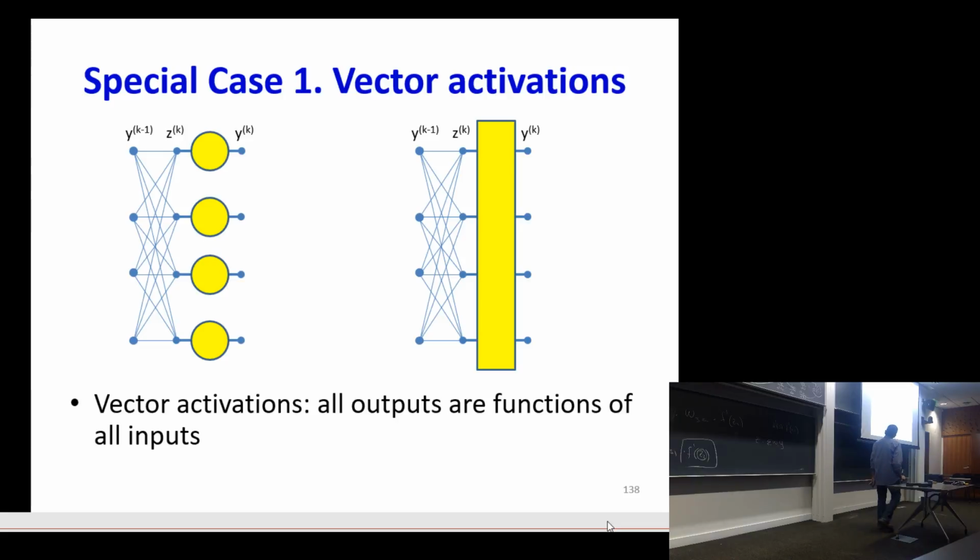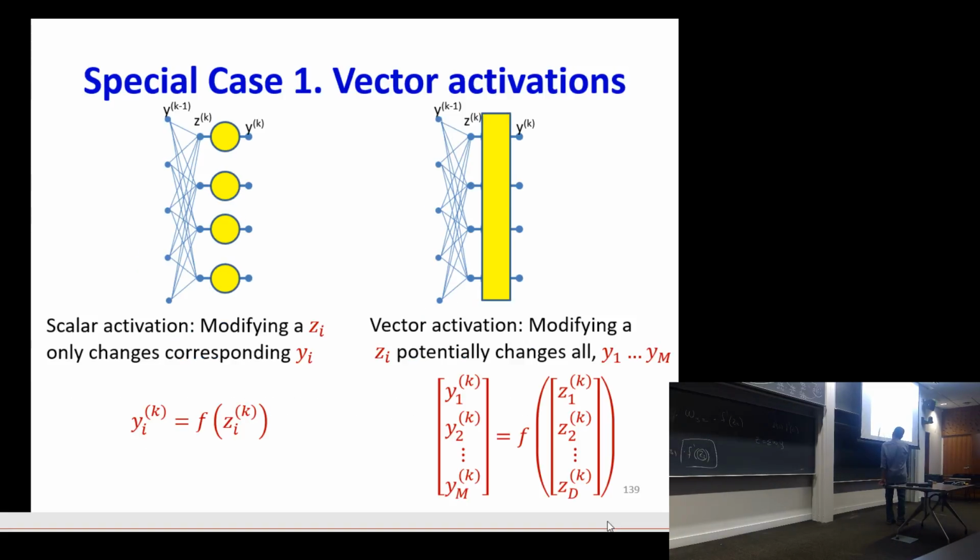Now, in a scalar activation case, I can just say y equals some function of z. But if I'm thinking of collections of inputs affecting collections of outputs, it's better represented in vector form, where I say that this vector of outputs is some function of the vector of inputs. So it's just a vector notation.